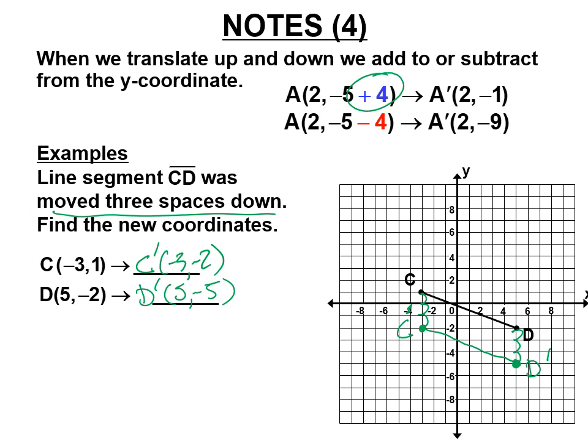We moved 3 spaces down, so we subtracted 3 from y. The x coordinate stayed the same. 1 minus 3 is -2. -2 minus 3 is -5. So if you went up 3, you would add 3 to the y coordinate. If you go down 7, you subtract 7 from the y coordinate to get the new one.